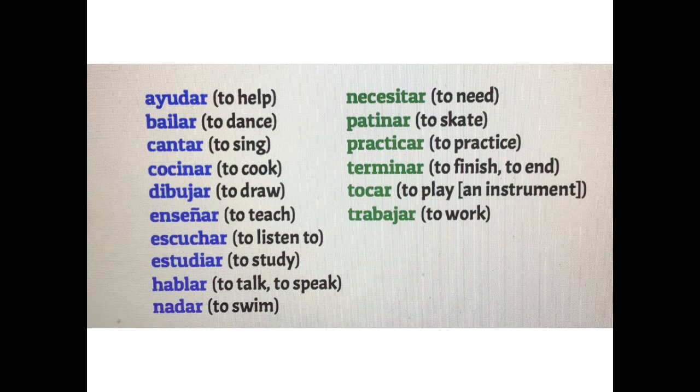Here's some other examples of AR verbs that you might see in Spanish class or just in general. So I'll use the example verb that we started with, hablar, and I'll show you how it would be used in a sentence.